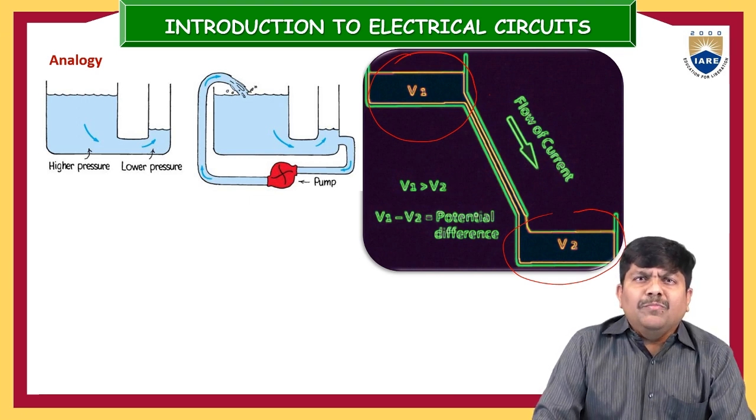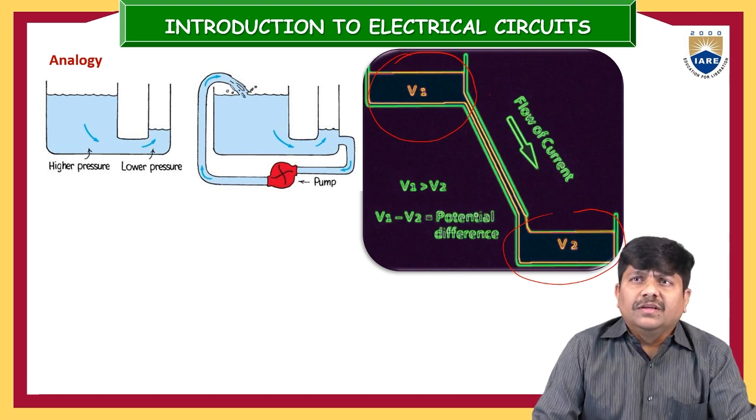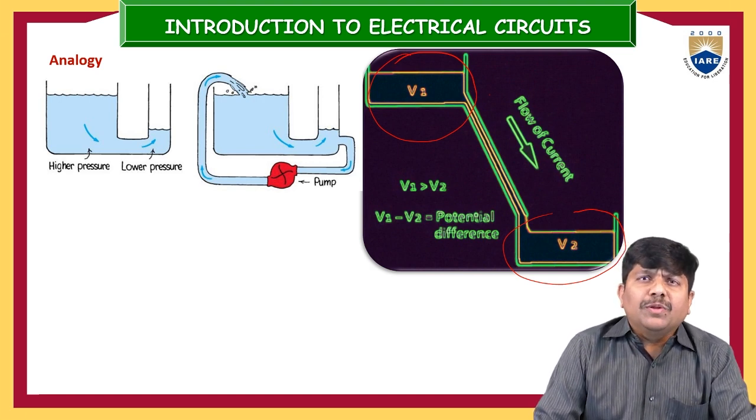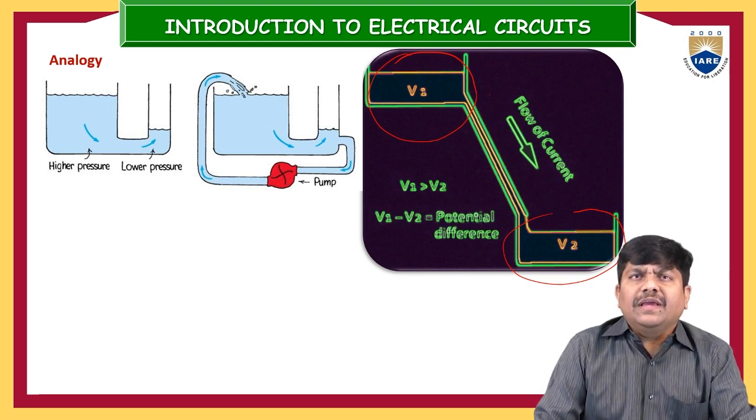One important thing we have to remember from this simple example is that if we want to see electrical energy through a conductor, the conductor has two terminals on either side, and there must be a difference in the potentials. If there is a difference in potential, then only there will be a flow of electrical energy through it.